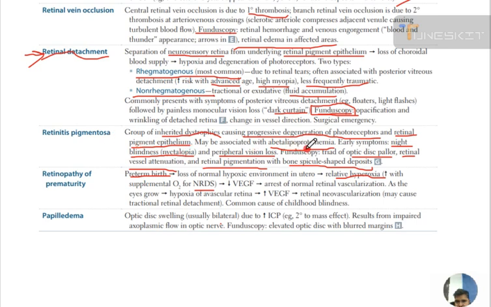May be associated with abetalipoproteinemia. Early symptoms are night blindness, nyctalopia, and peripheral vision loss. Fundoscopy shows a triad of optic disc pallor, retinal vessel attenuation, and retinal pigmentation with bone spicule shape.